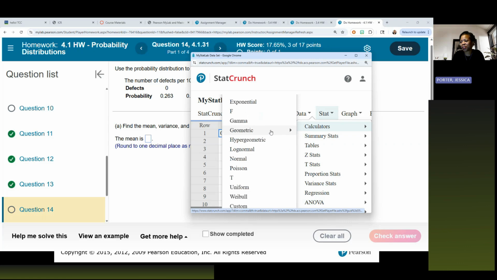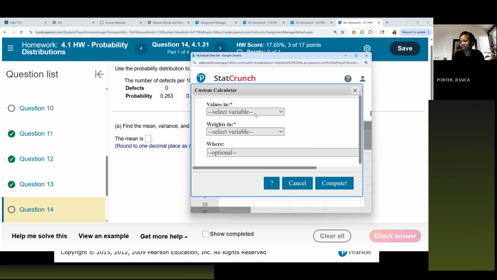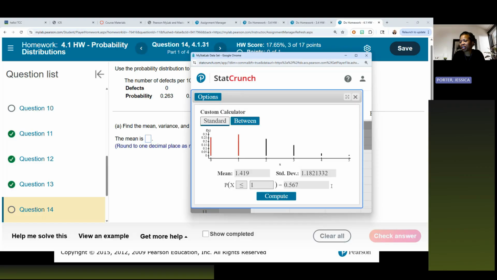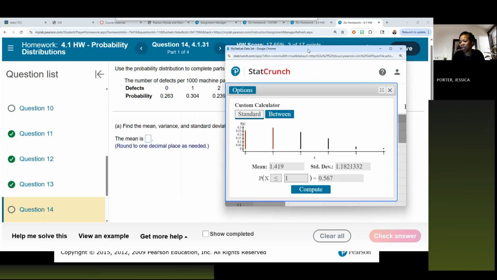Then what? Custom. Yep. The values are in defects, weights are in probability, and compute. And we've got our information there. Remember, the standard deviation is the square root of the variance. So when it gives you the standard deviation, you have to square it, meaning multiply it by itself, in order to get the variance. Okay. Does that make sense to us?